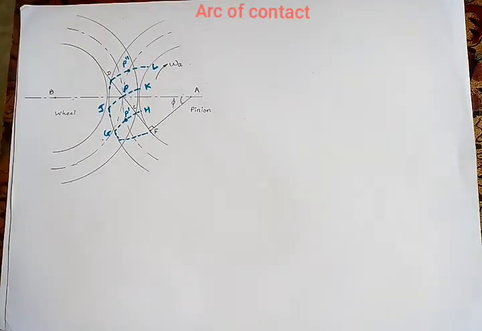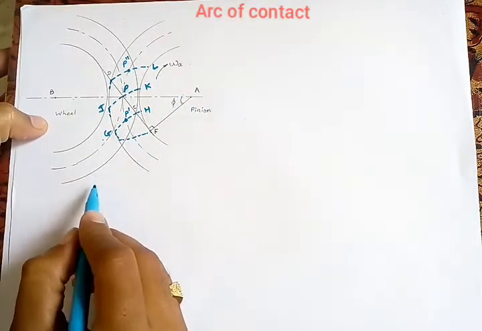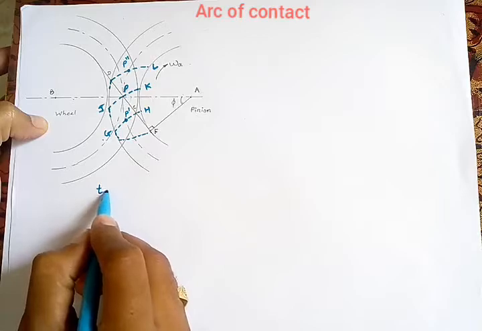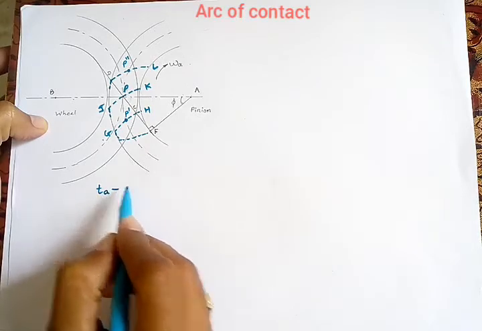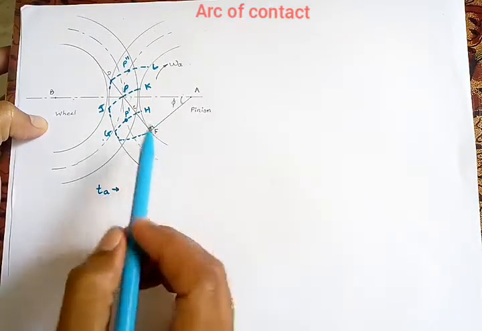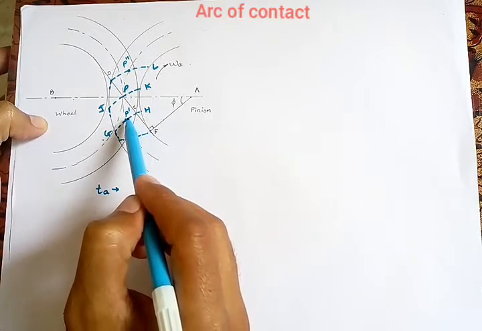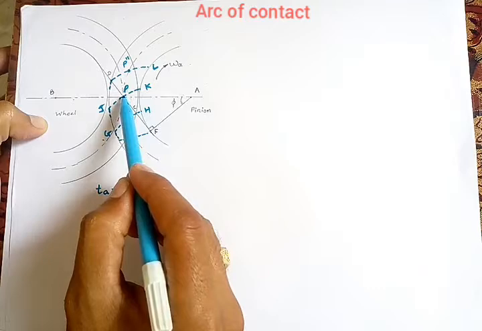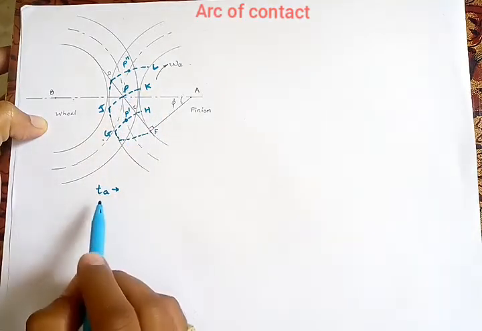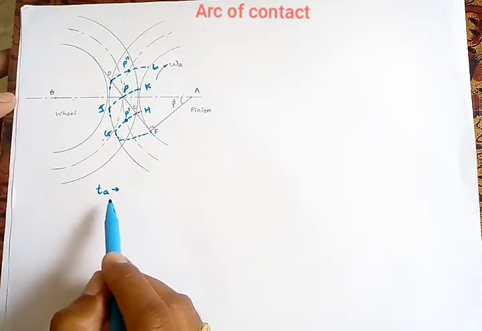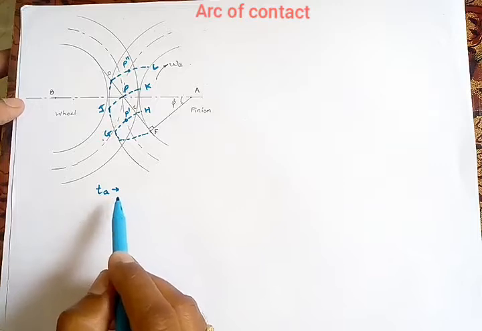Now first of all we are going to find the arc of approach. For that, let us consider T suffix A is the time required to move the point from P dash to P. So this is the time to traverse the arc of approach.